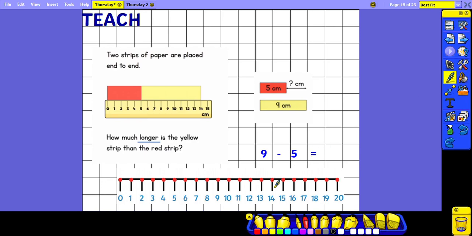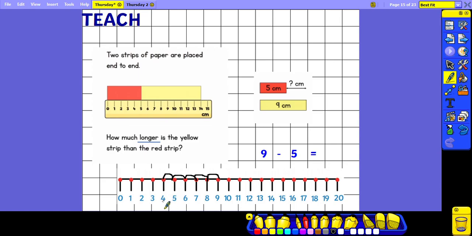I'm going to start on 9 because that is the bigger number. And because I am subtracting, I'm counting backwards on my number line. I'm going to jump back 5 places. So 1, 2, 3, 4, 5.